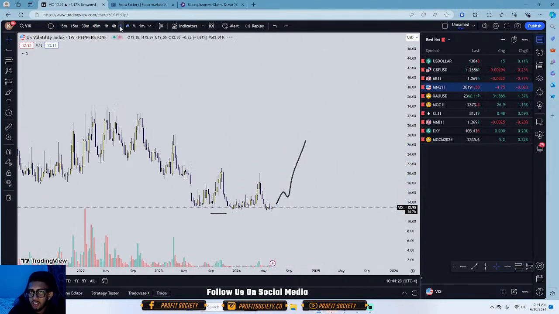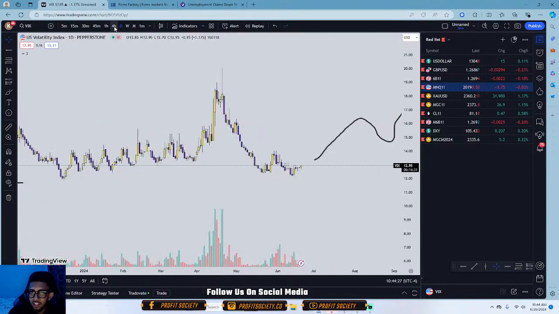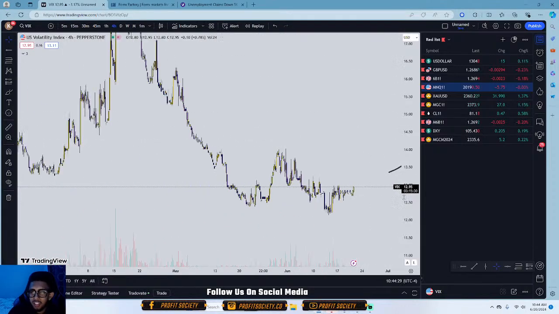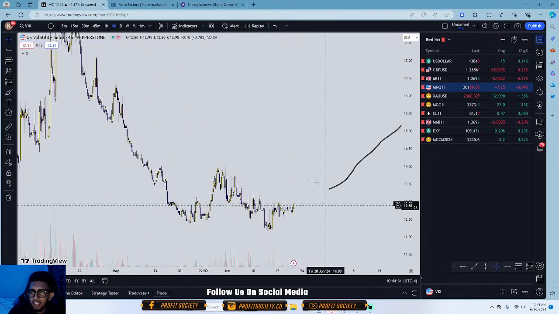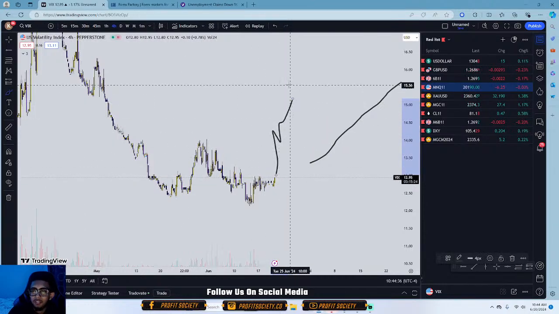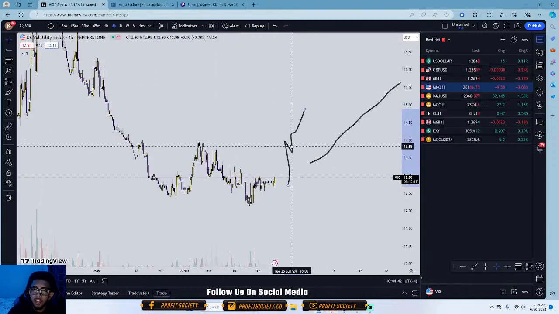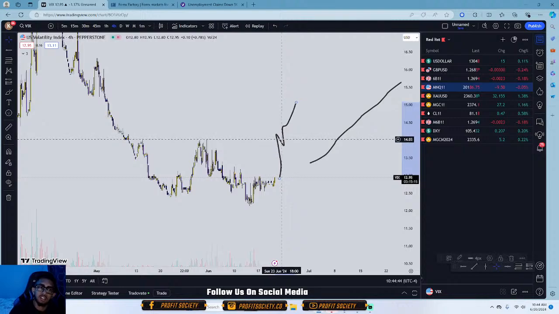That's crazy. Thanks for pointing that out. There is a big correlation. Once the volatility index goes up, I wouldn't say it's an inverse correlation or a direct correlation. I would just say it's something to pay attention to.